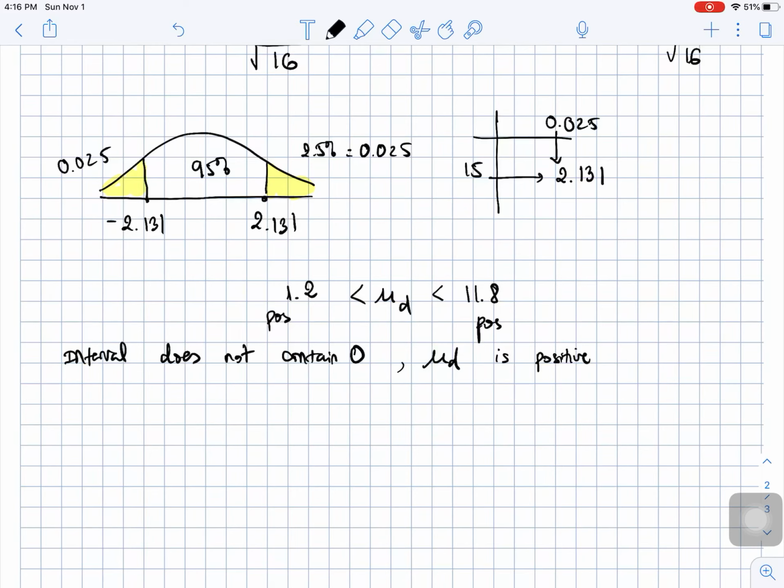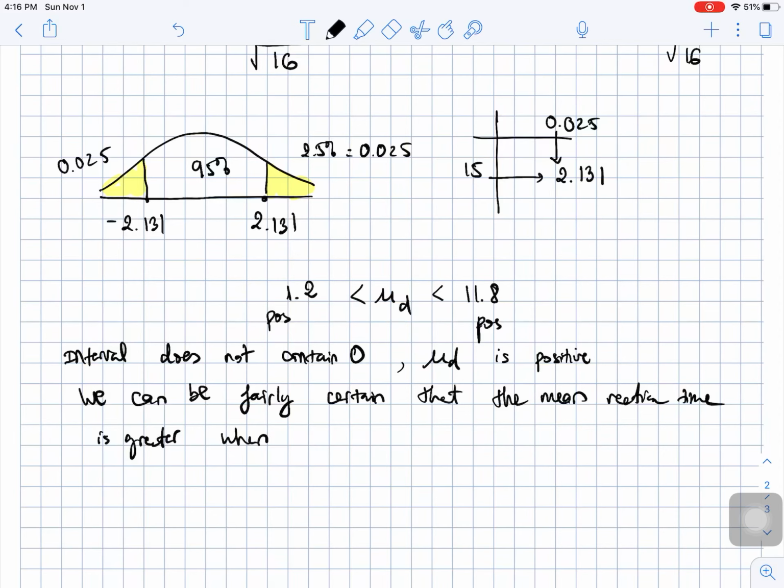When the interval does not contain 0, it means that all of the values of mu D are positive. And do you remember mu D? Mu D is the mean average of the difference.